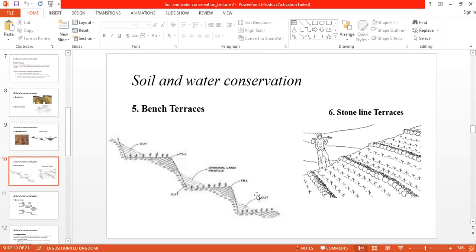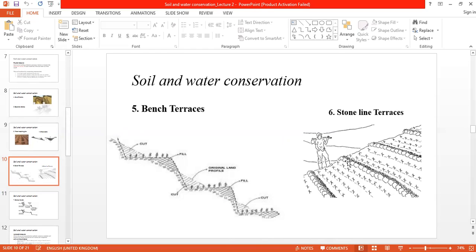Then the other thing you can do, instead of doing bench terraces like this one, is simply put stones across the slope. Like in this picture here, we can have stones going in this direction, which will block the velocity of water going down and eventually reduce the speed. But when you're using stone line terraces, in the end you can still end up with something like a bench terrace.